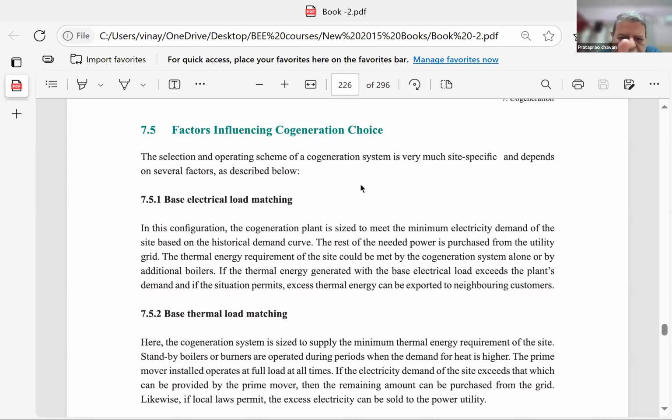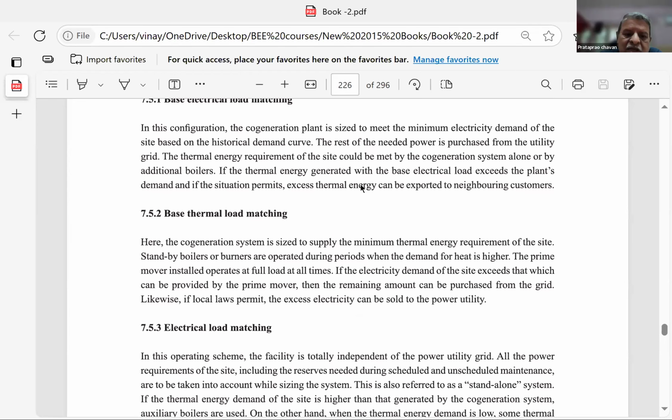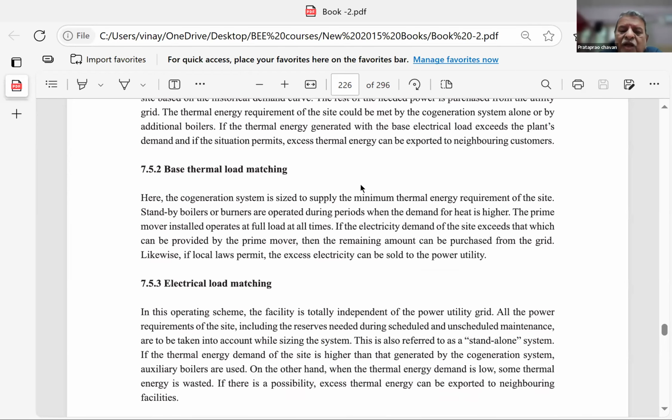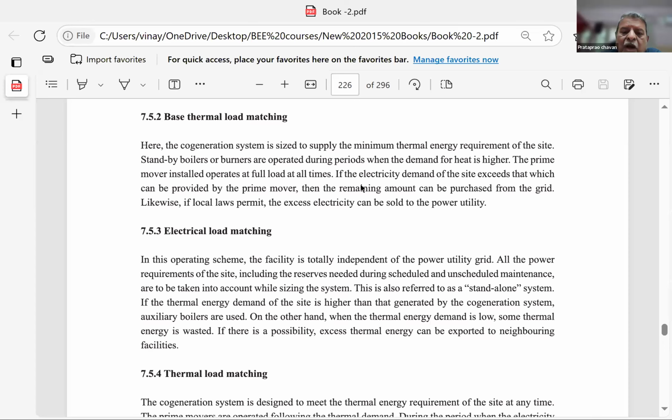Conceptually understand it; thereafter you can read and you will understand. This is one way. Another is thermal load matching. That means my process requirement of heat is so much, and in all cases I am not using less than this thermal load.